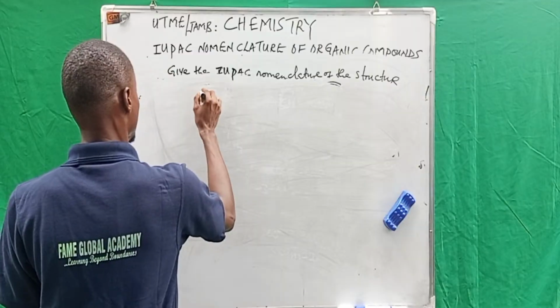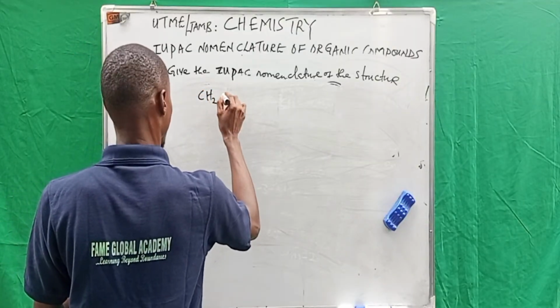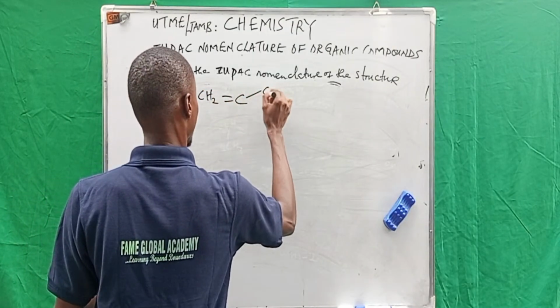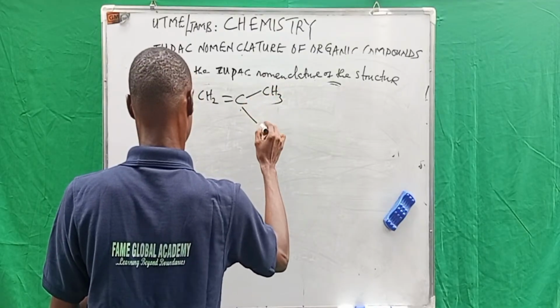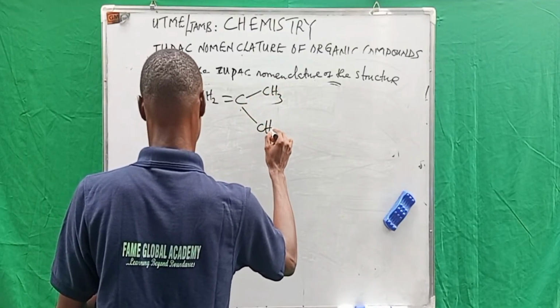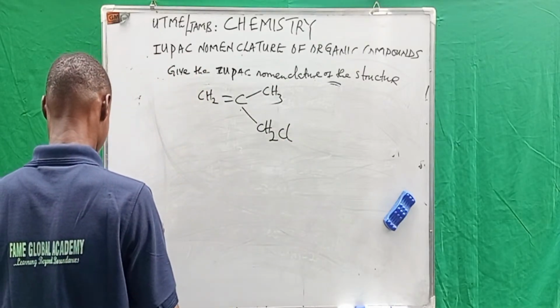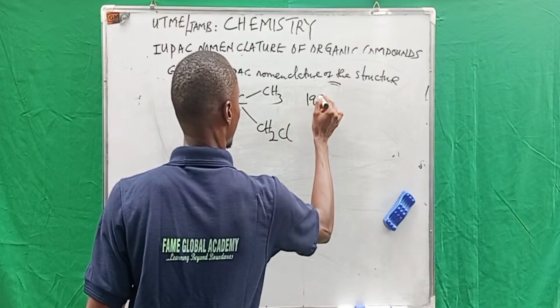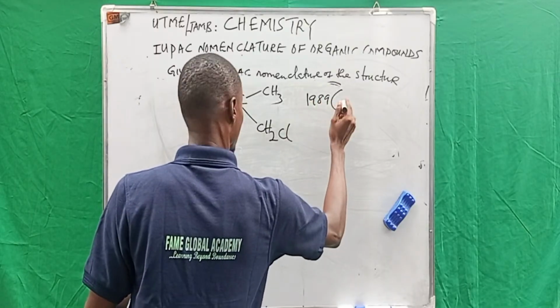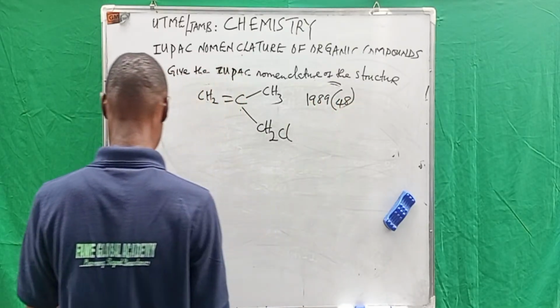All right, look at this structure. We have CH2 double bond C, CH3, CH2Cl. This one is gotten from question number 48.